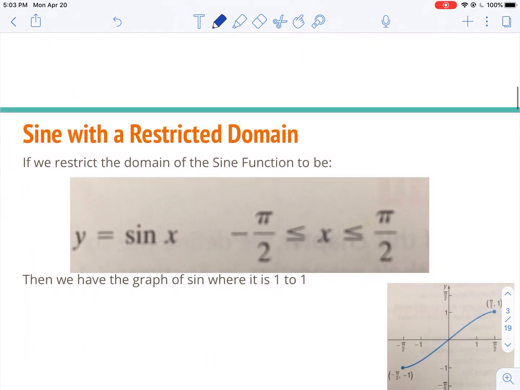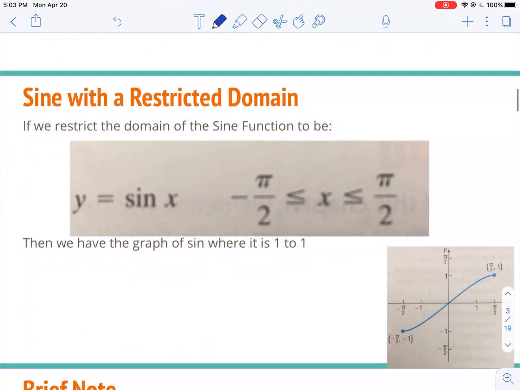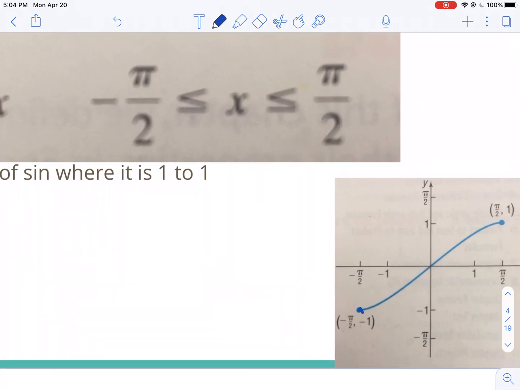But I can restrict the domain of my sine function. I can consider the fact that my sine function doesn't repeat itself between negative pi over 2 and pi over 2. Now what I've done is I've created a function of sine that is a one-to-one function. You can see these endpoints that I've added in, and what those endpoints do is allow me to consider this as a one-to-one function.